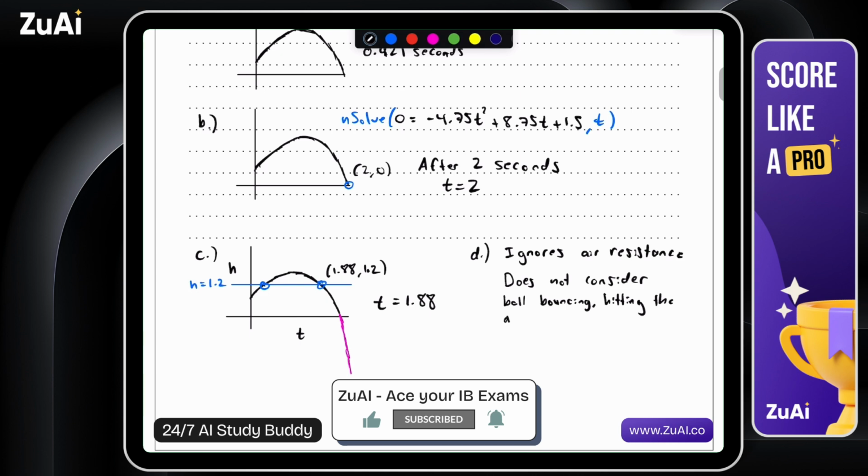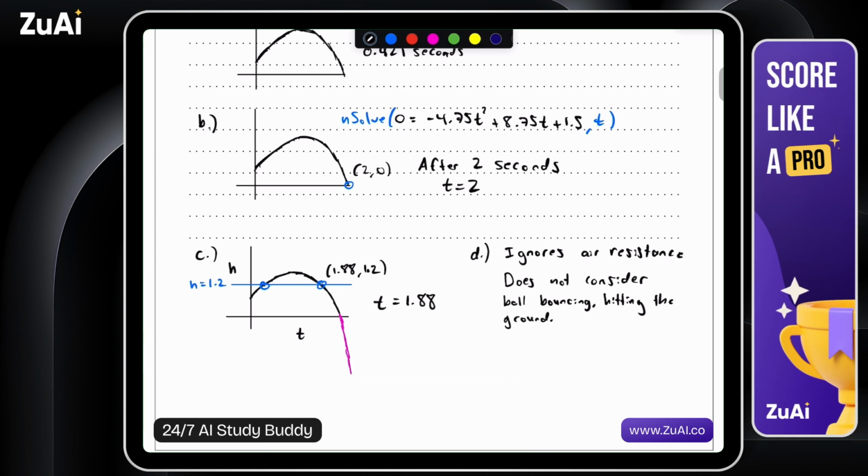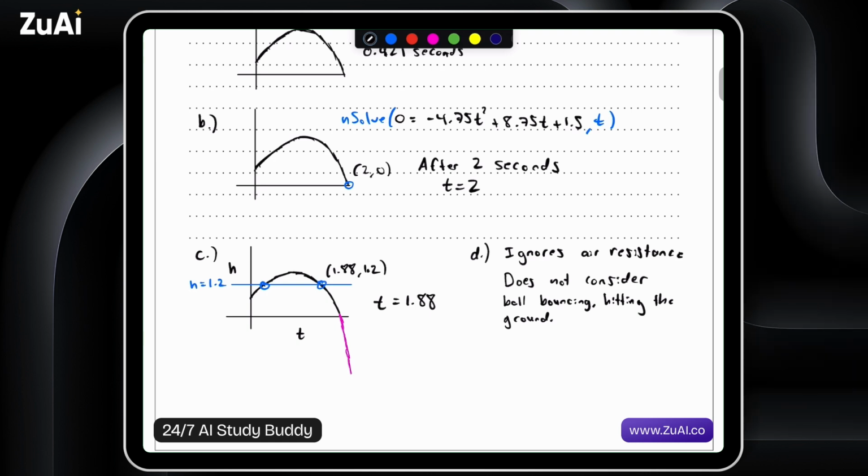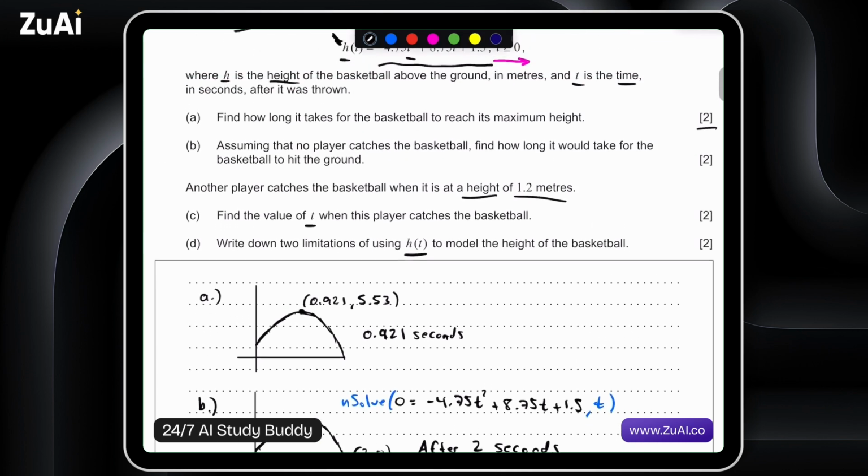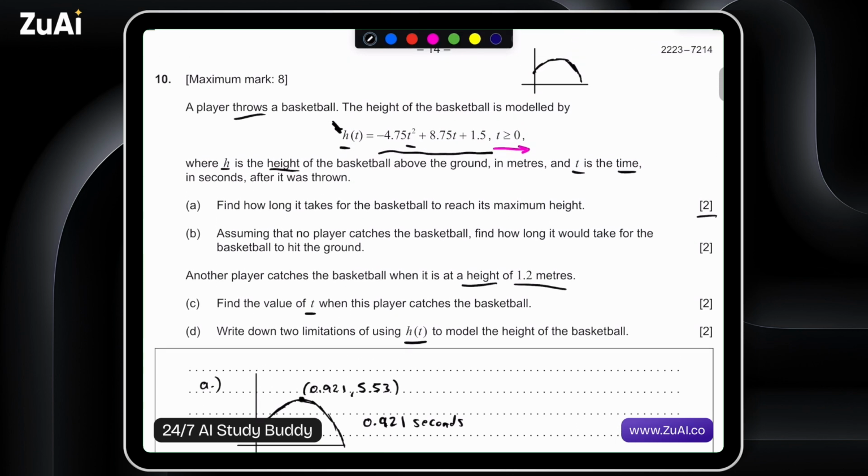Actually, looking at the mark scheme earlier, it also has things like assuming gravity is constant, which by and large it roughly is, so to be honest it wouldn't be a major consideration if you're just considering a basketball flying through the air.